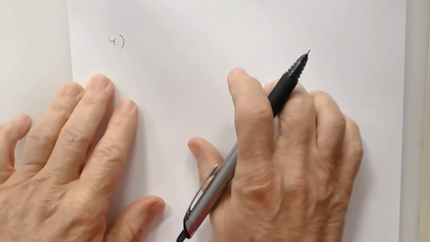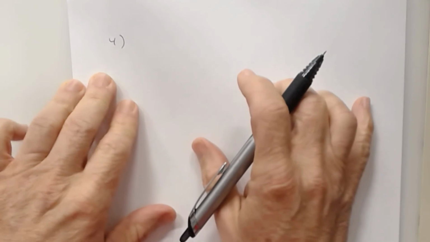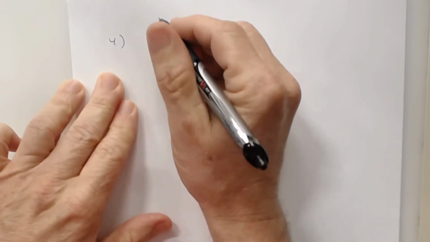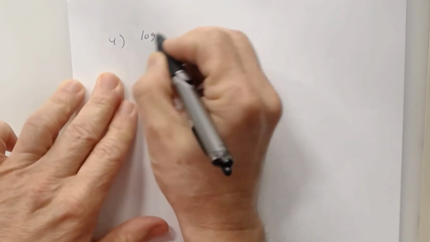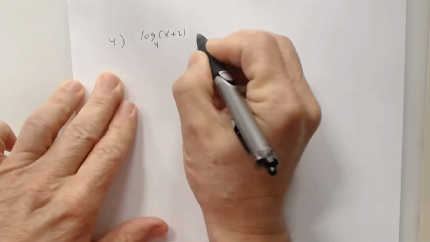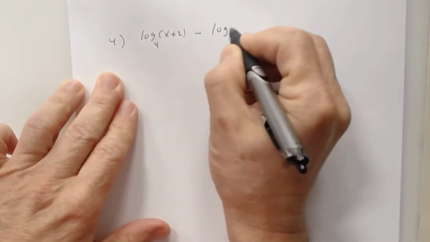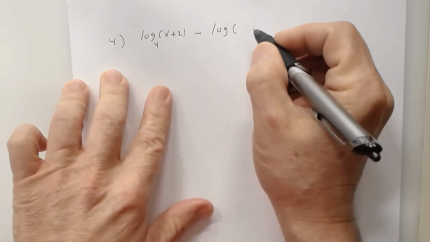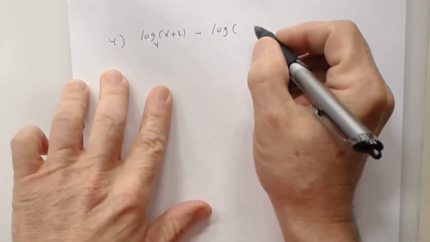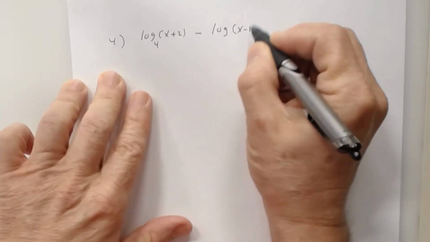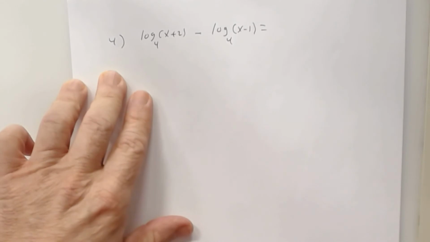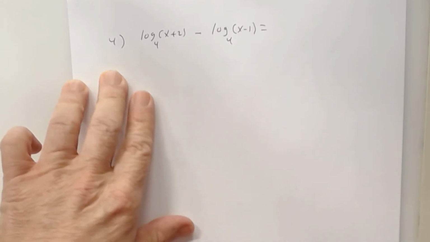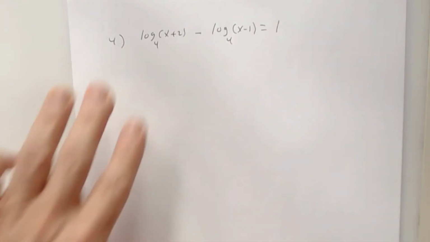Suppose we had the log of x plus 2, base 4, minus the log of x minus 1, base 4, and that's going to equal 1. All right, they have 1.